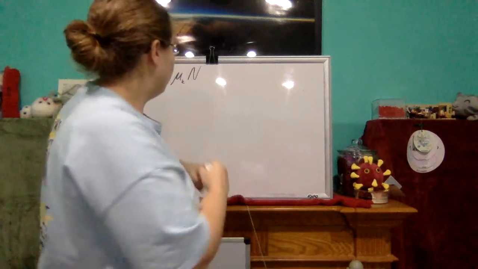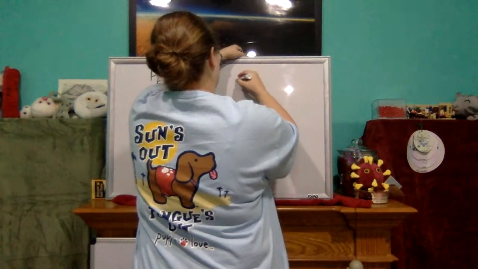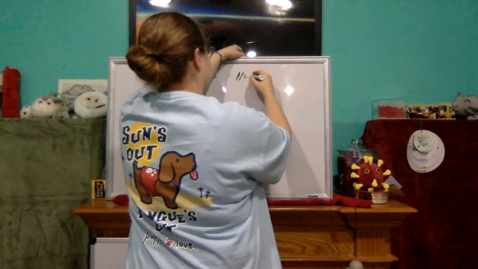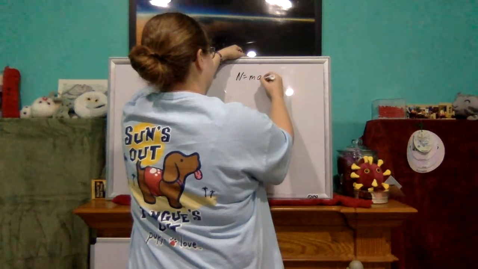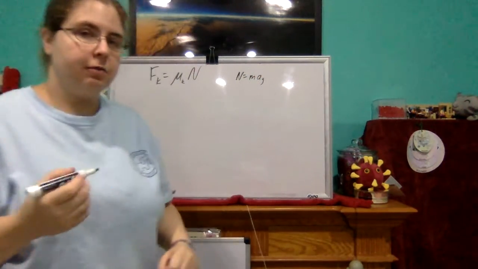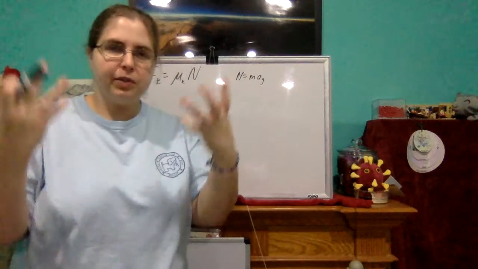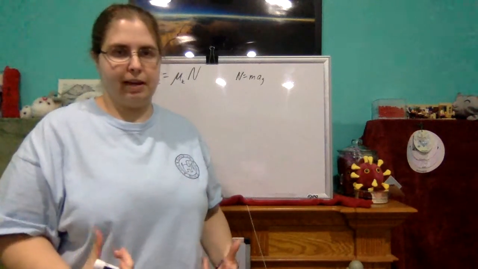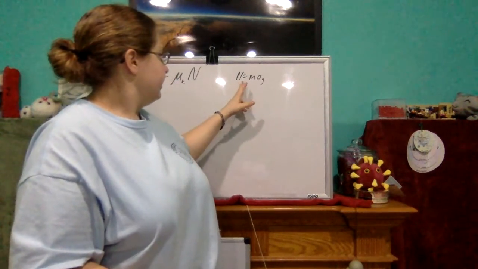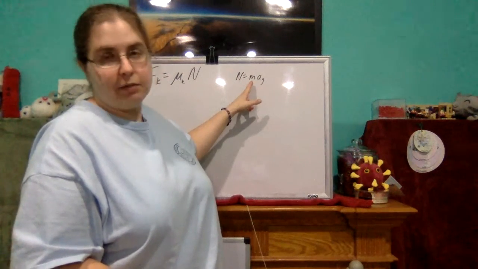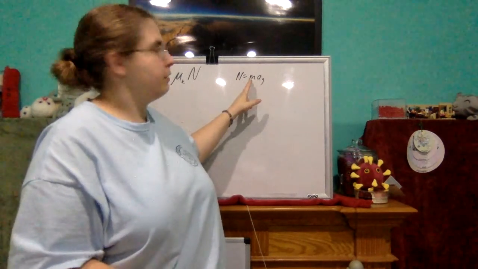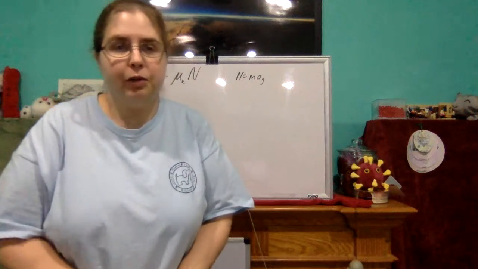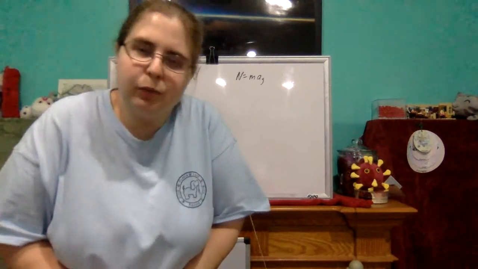So when we talk about weight, we can think of it as mass times the acceleration of gravity. Weight is a force. It is the force of gravity pulling on your mass. So weight equals the mass of an object times the acceleration due to gravity. And we know that's 9.8 meters per second squared.